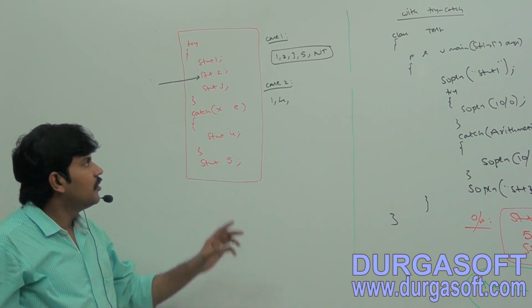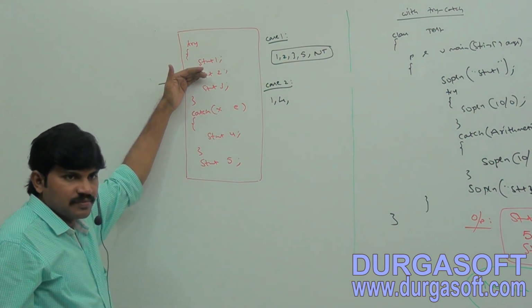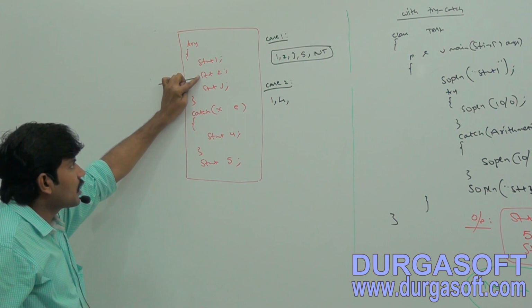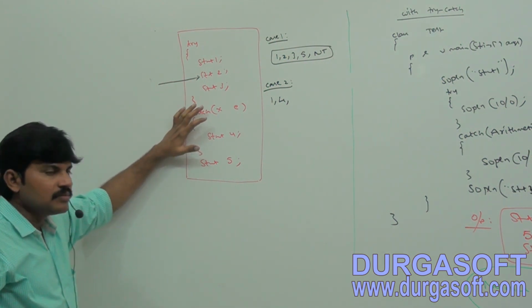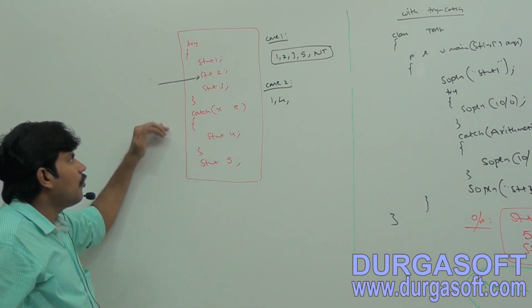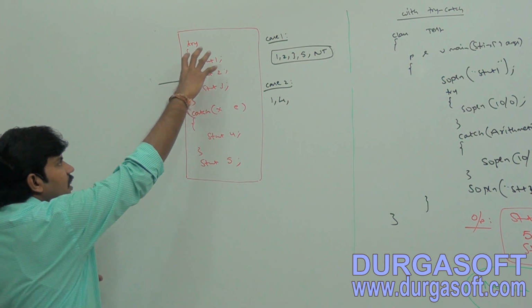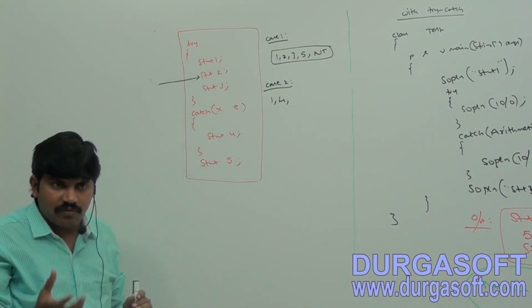Make sure that within the try block, if anywhere an exception rises, the corresponding catch block will be executed, right? After completing the catch block, the control won't go back to the try; it simply executes the remaining statements. The catch block is nothing but an alternative operation.